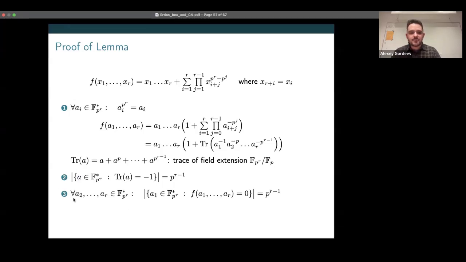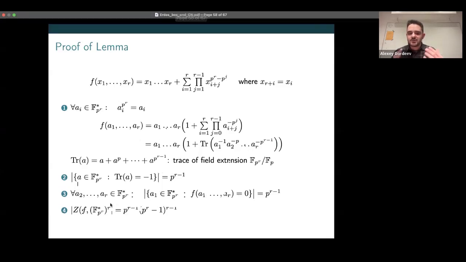And this just means that if you fix any value of every other variable except a_1, then once you go through all values of a_1, this product also goes through all non-zero elements of the field. And since there are exactly p to the r minus 1 of them for which trace is -1, there are exactly p to the r minus 1 of them for which our polynomial is 0.